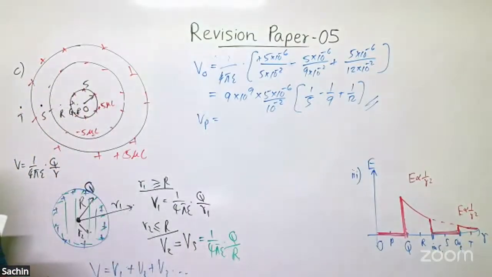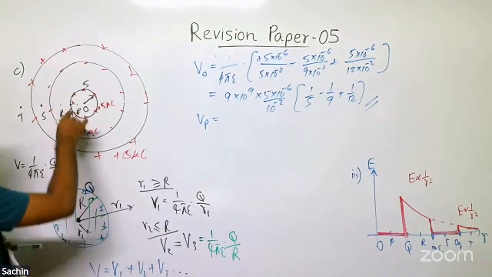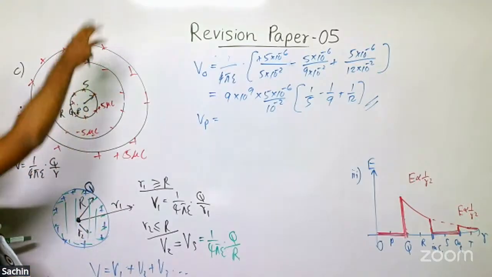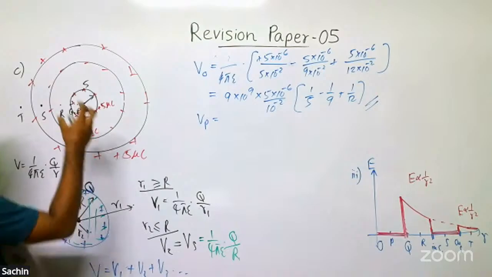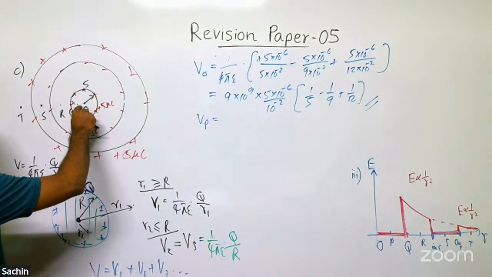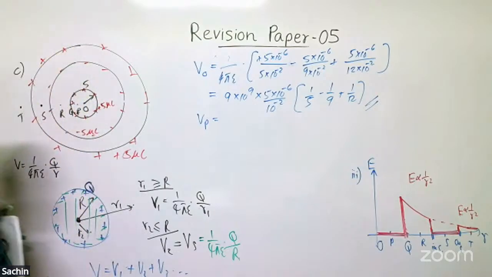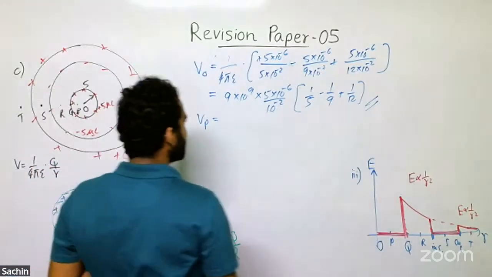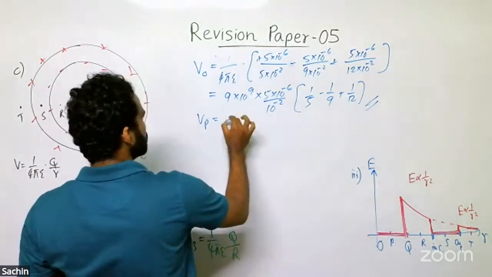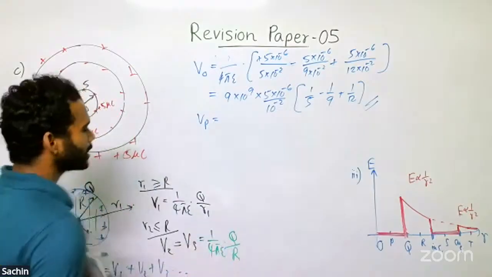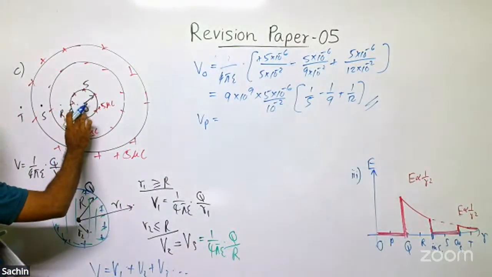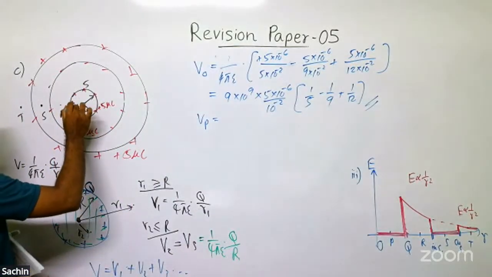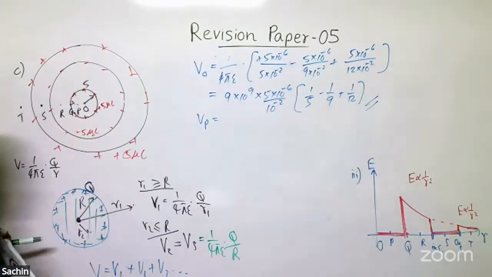Compared to P, P is also the same thing, isn't it? Compared to P, all these surfaces are outside, so it is the other way. Point P lies inside all three shells, all three charge distributions. So the surface potential is there. Both these points are inside the conductor.